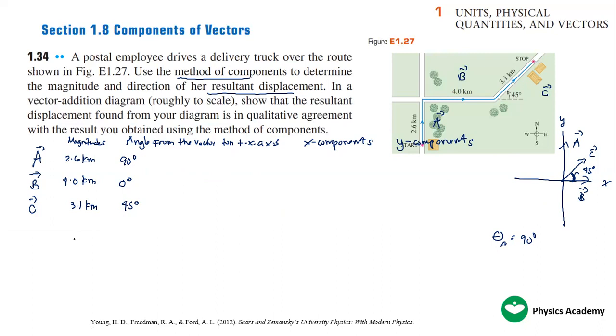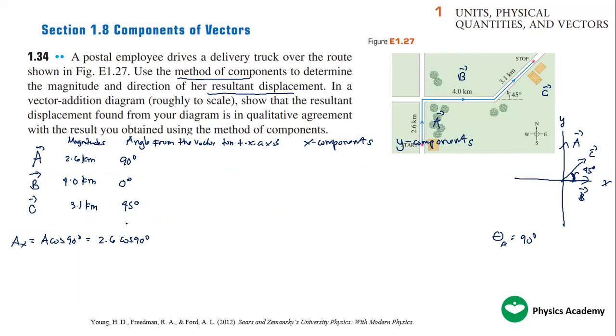For example, we want to find the x component. Ax is just equal to A cosine of 90 degrees, which is 2.6 cosine of 90 degrees.